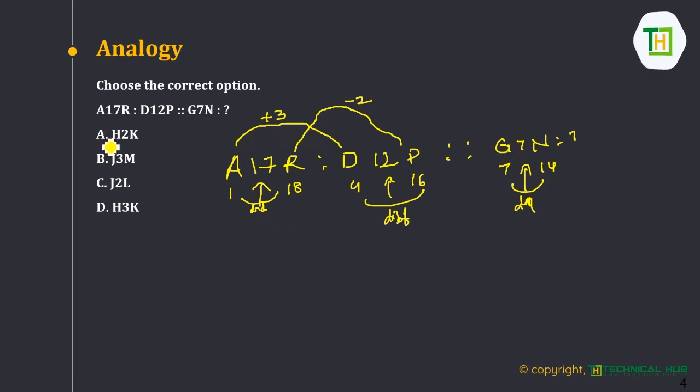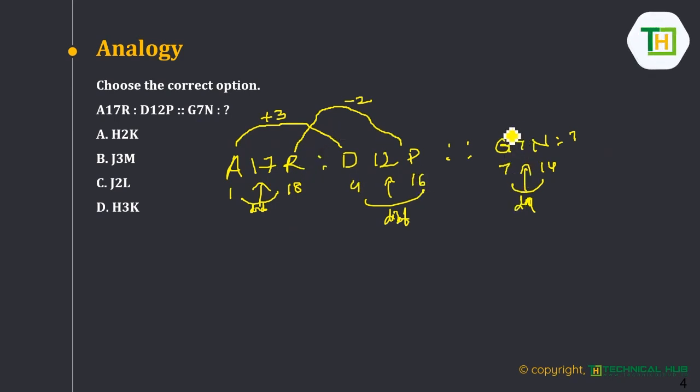Observe the options. J3M: J is 10, M is 13, the difference is 3. J2L: J is 10, L is 12, the difference is 2. H3K: H is 8, K is 11, the difference is 3. Which option is correct? The logic is already there: first letter adding 3 and last letter subtracting 2.